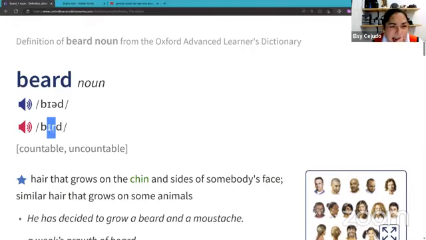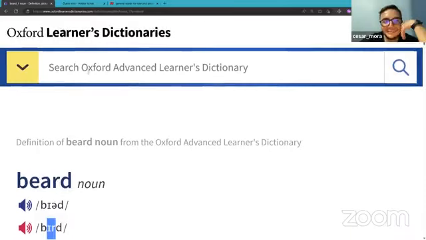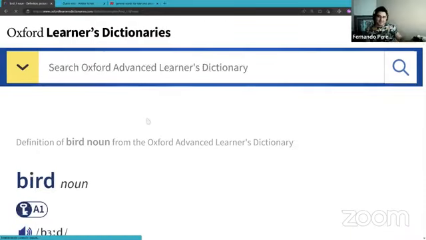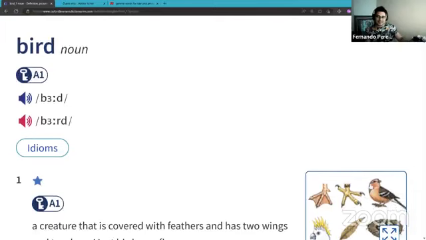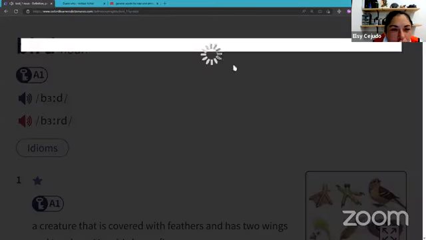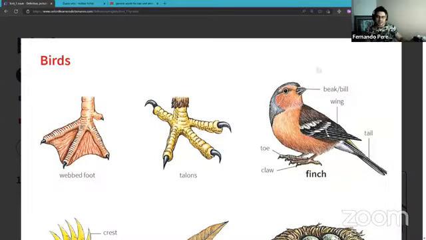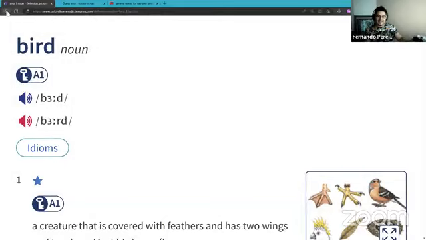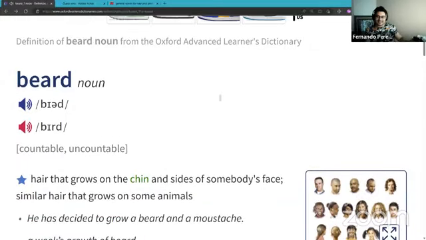Bird? You are pronouncing bird. This is a bird. Exactly. And this is a beard. Beard.